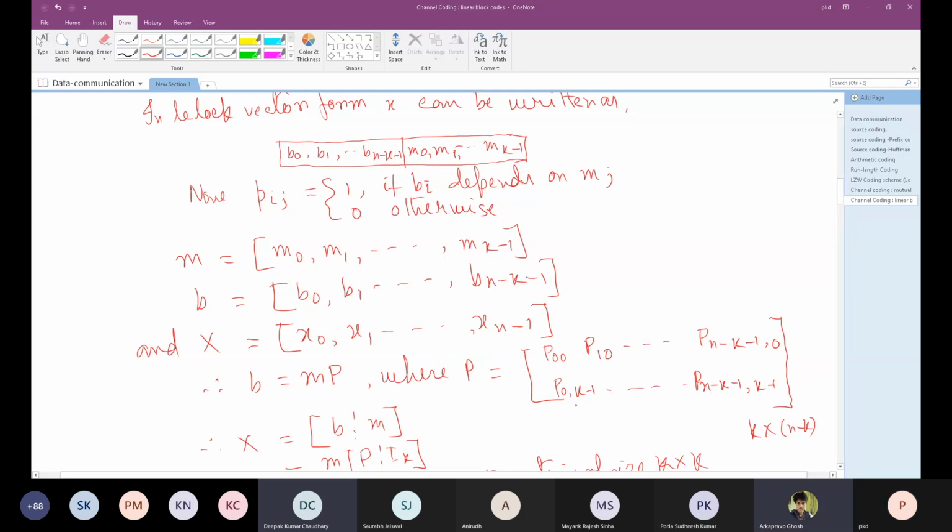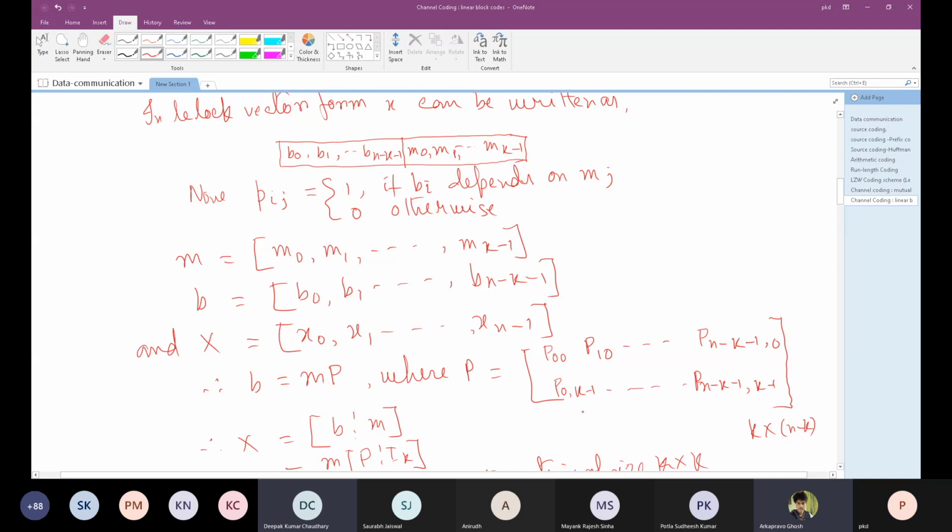Sir, but there are 12 parity bits, right? Because P is a 4 by 3 matrix. Yes. But sir, you have written here that it uses 3 parity bits. Where is the 4 by 3 matrix?